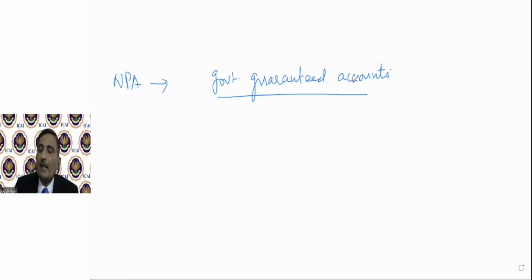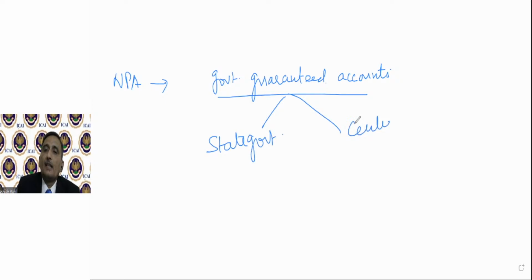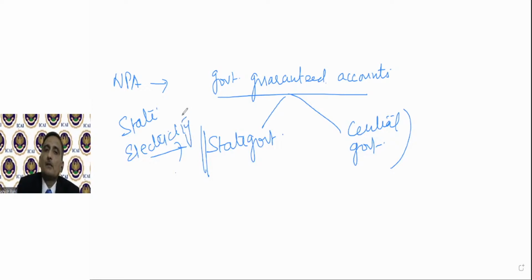So government guaranteed accounts. Now there can be a possibility that some account is guaranteed by government. Okay, it might be guaranteed by, say, state government or central government. Like a loan given to some public sector undertaking operating in a state, like the state electricity board. They would also be needing funds, na?